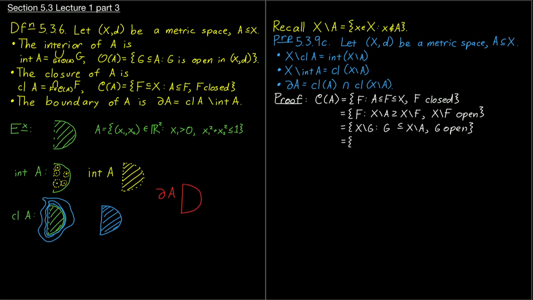So C of A is the complement of everything in O of X minus A.